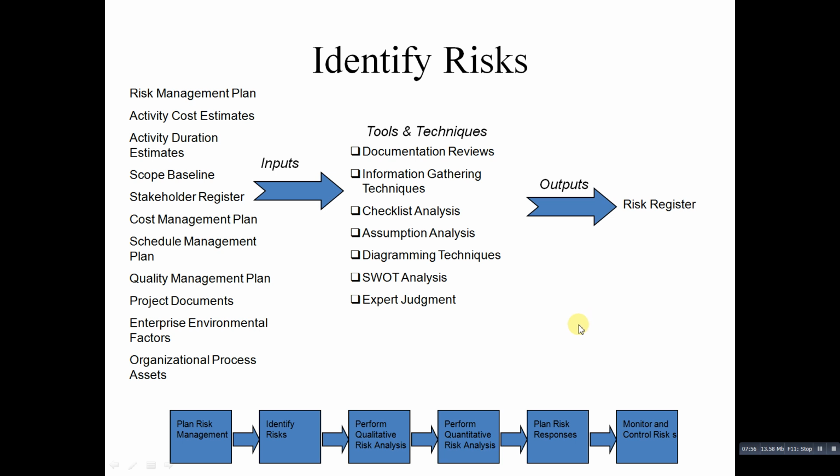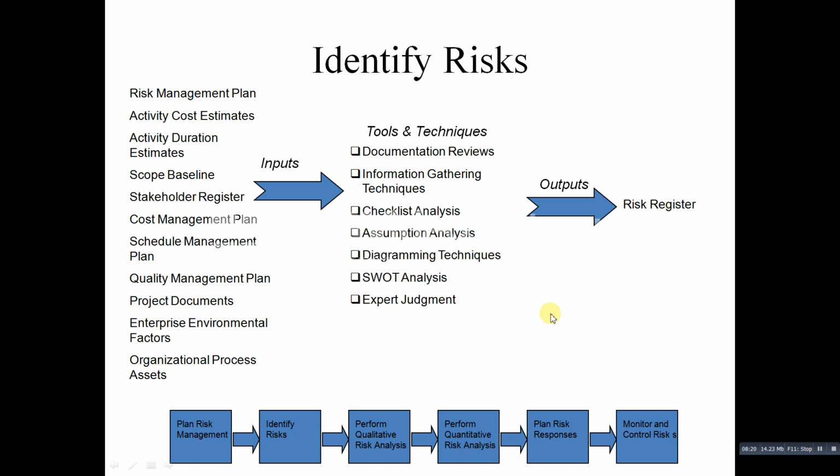So the basic step before going for qualitative and quantitative analysis of risk, you must do analysis or identify the risk first. So as I have told about the inputs of identifying risk, we are going for the tools and techniques which are required for identifying risk.